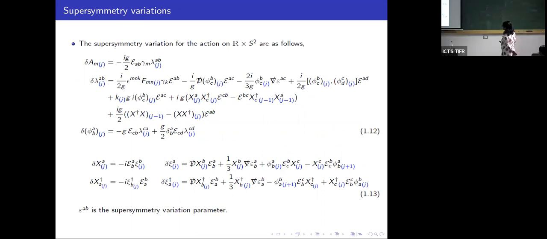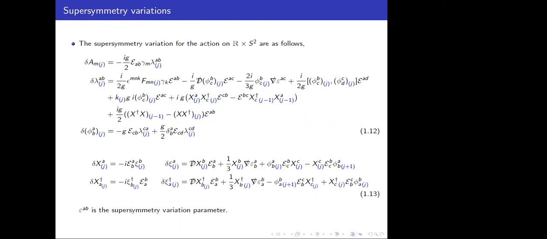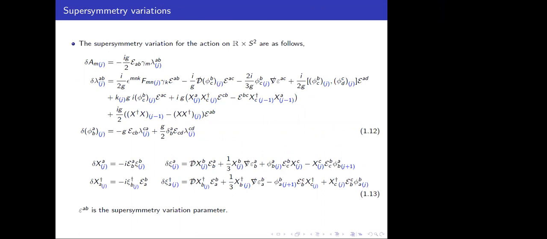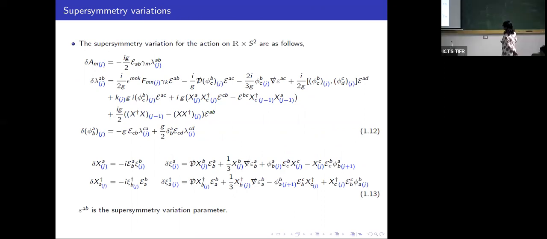G is one parameter. No, I mean the supersymmetric part. This epsilon AB has 3 parameters: epsilon 1, epsilon 2, and epsilon 3.